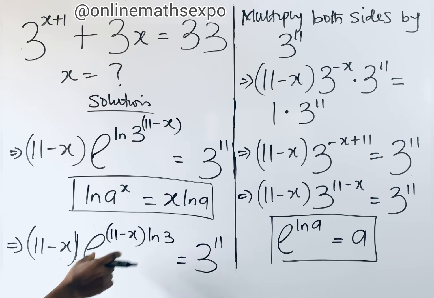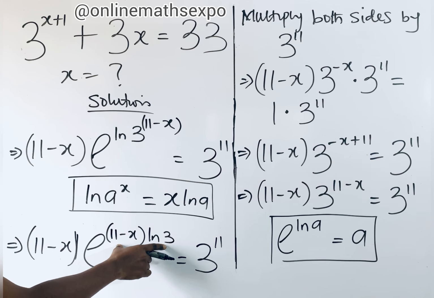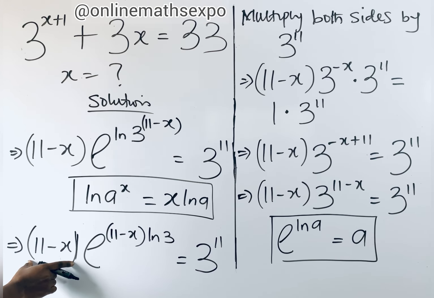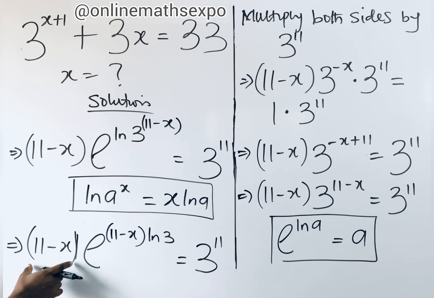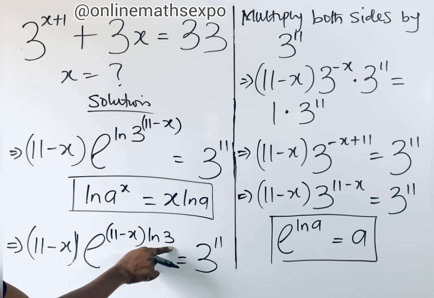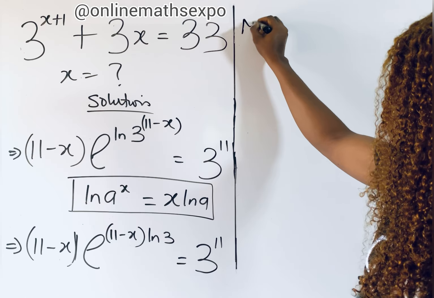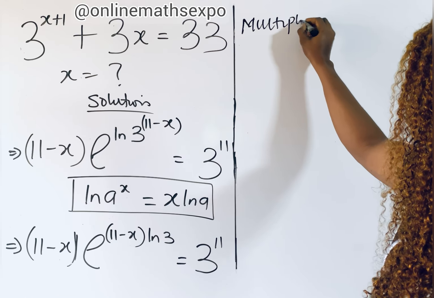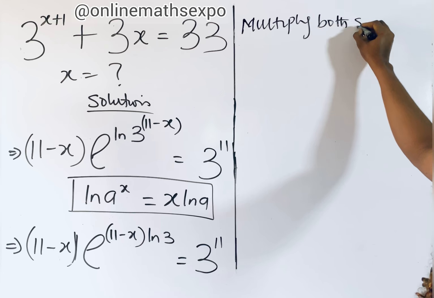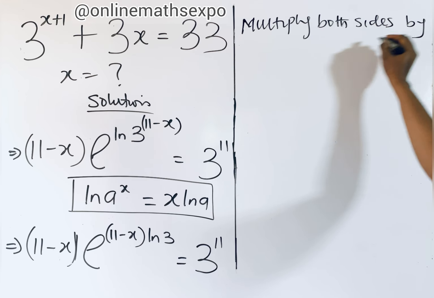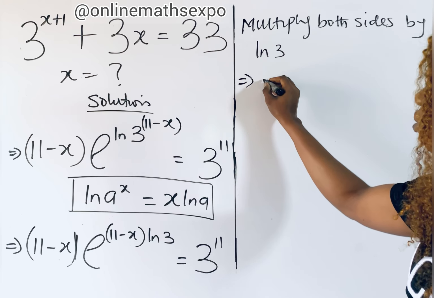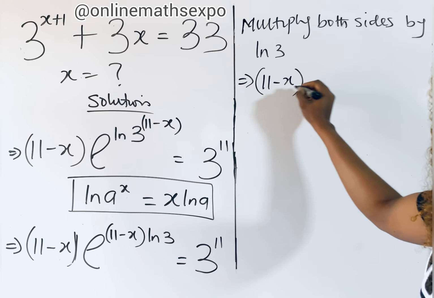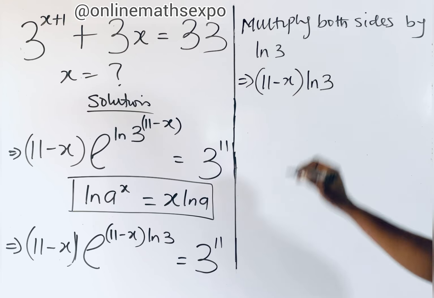Now what did you observe? You observe now that the power is no longer the same with the coefficient having made this to be a. So what should you do so that the power and the coefficient will be the same? Just quickly multiply both sides by this ln of 3. Multiply both sides by ln of 3. Okay, so if you do that, we have 11 minus x multiplied by ln of 3.